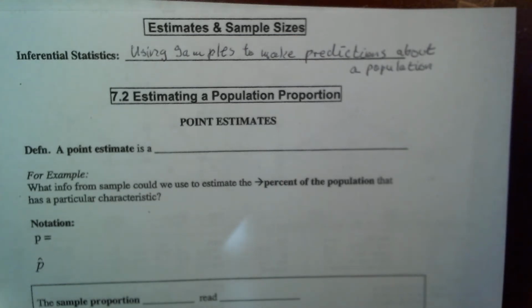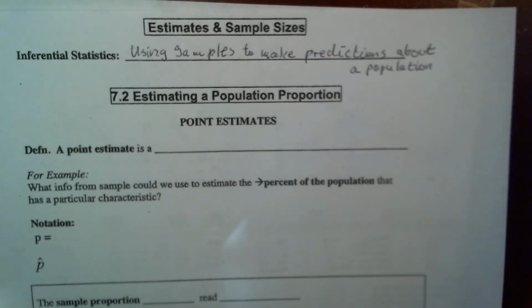So what we will do here is the first major topic of inferential statistics is to use sample data to estimate the value of a population parameter. And there are many of them, like a proportion or mean or standard deviation or variance. So we'll go through that. So the population proportion is a percent of population with certain characteristics.